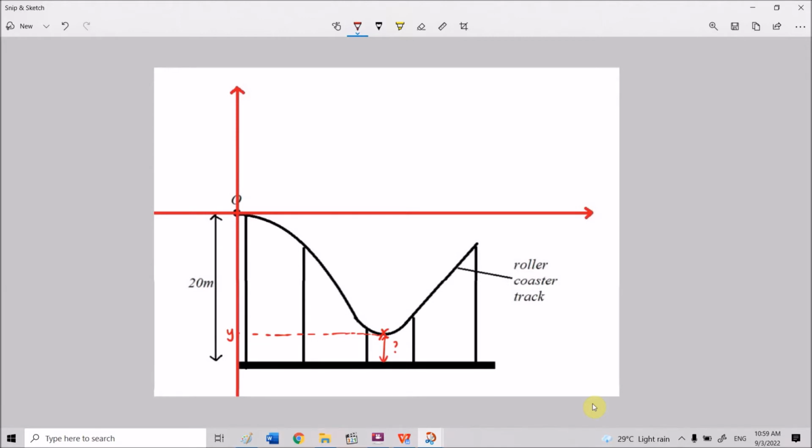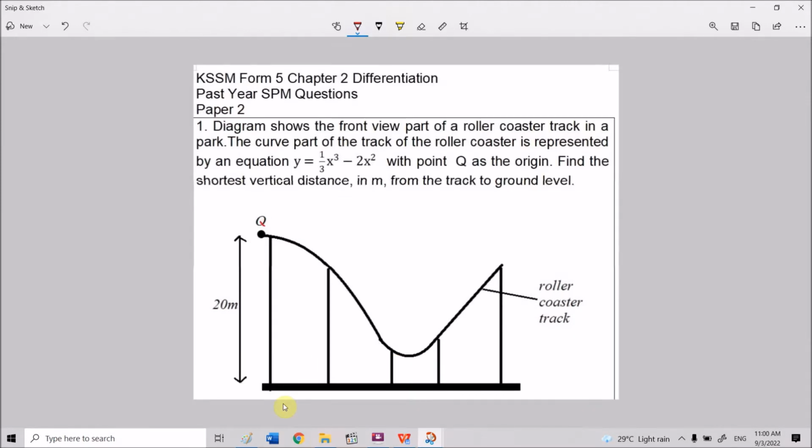If we are able to find the y value, we will be able to identify the distance between the origin and here, hence the height or the distance between the origin until this point. And then, since from the origin to the ground level is 20 meters, we take 20 minus this, we get the balance, the rest of the distance, which is the shortest vertical distance that we are looking for.